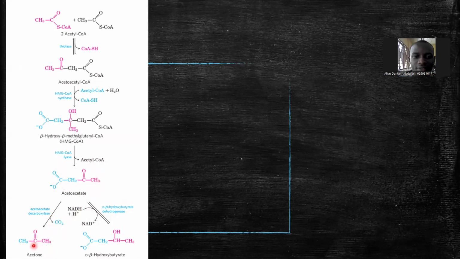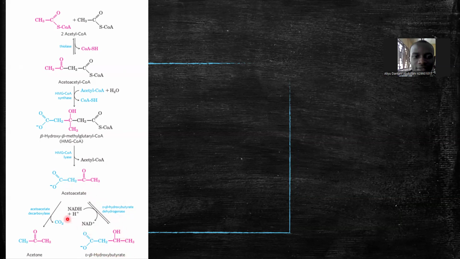Acetoacetate can be converted to acetone by this enzyme, a decarboxylase, which will remove a carboxyl group, right? Removing this carboxyl group converts acetoacetate to acetone. Alternatively, acetoacetate is reduced: in the presence of D-beta-hydroxybutyrate dehydrogenase, acetoacetate is converted to D-beta-hydroxybutyrate.